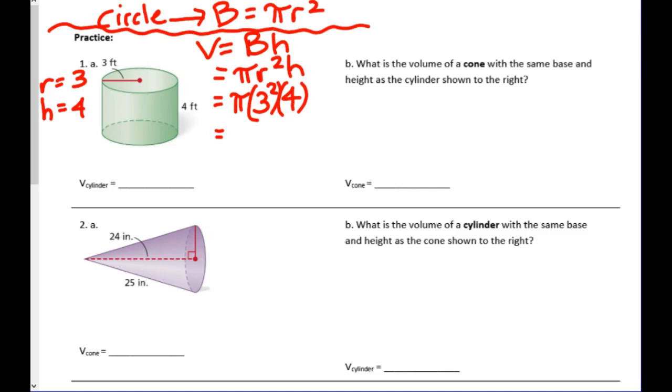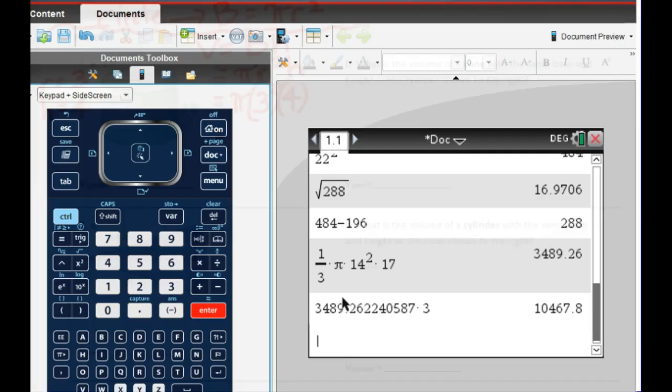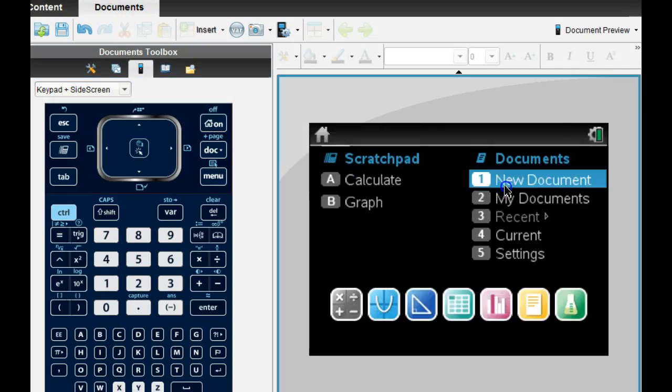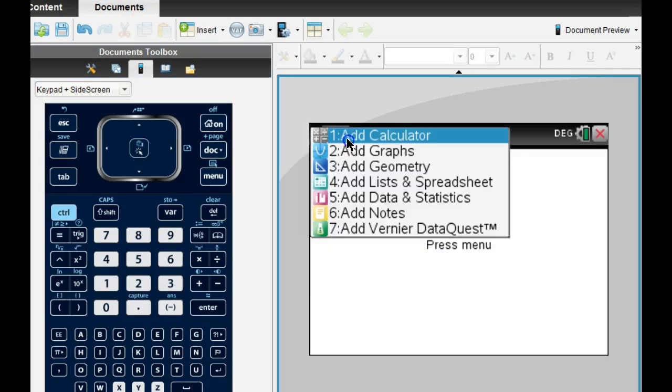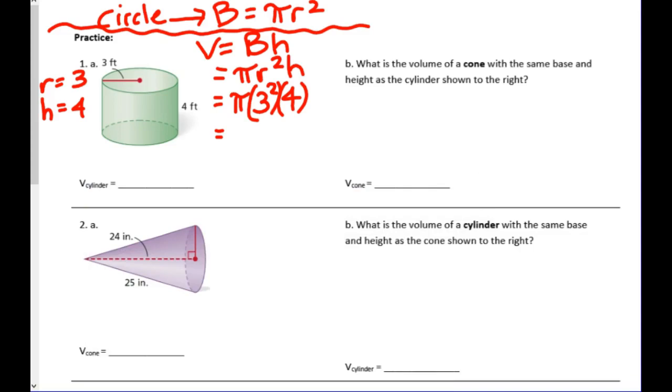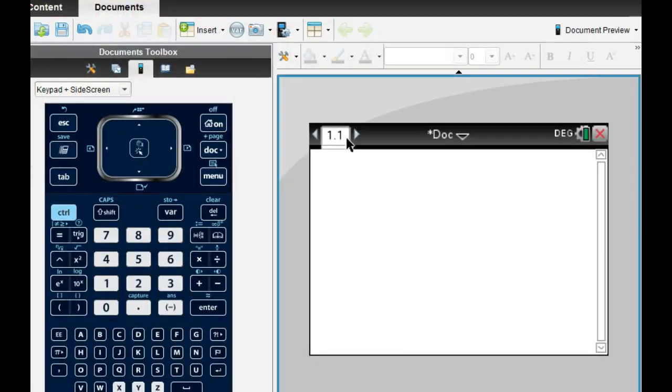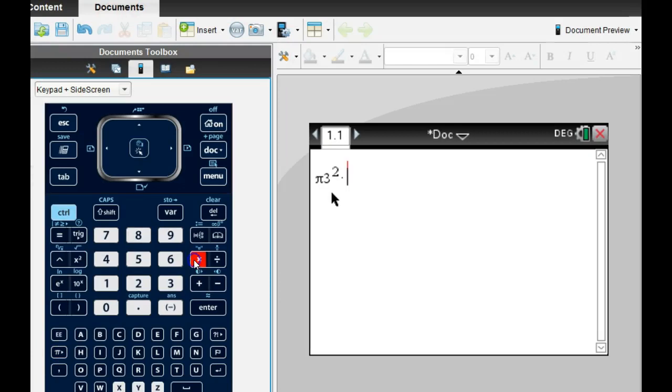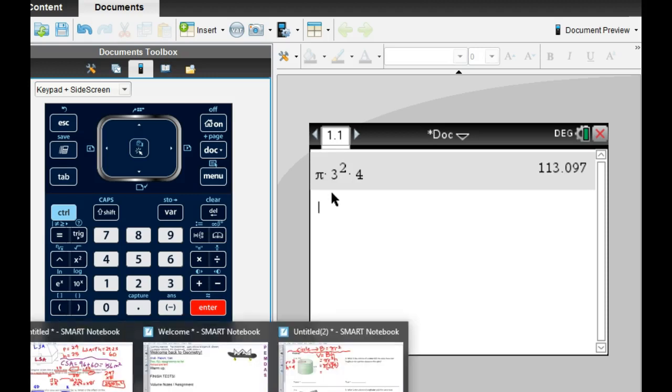You just got to know what capital B stands for. So we go to our calculator. So again, what was it? Pi 3 squared 4. So we get 113.1.